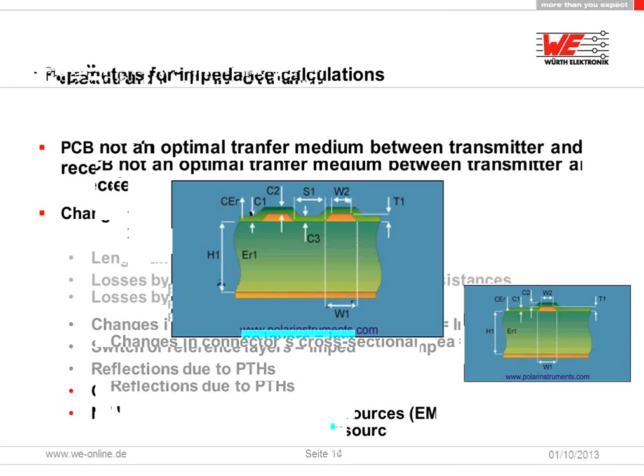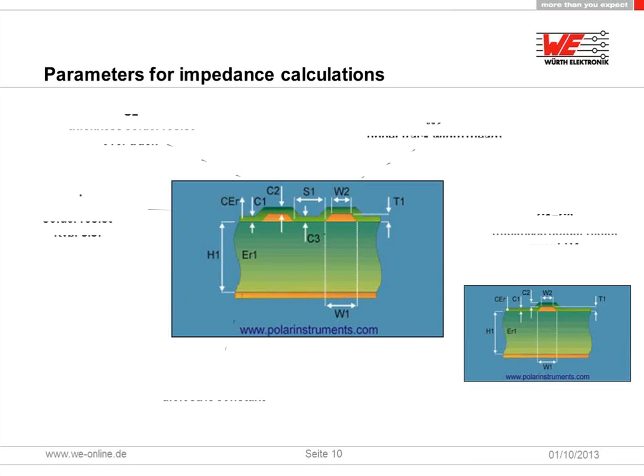So how can we calculate impedance values? I don't want to go too much into detail, as this is already covered by another webinar which my colleague Philipp Reb held last year.